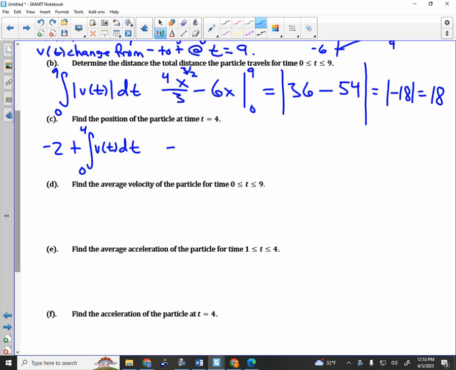So it would be -2 plus, we've already found the antiderivative, haven't we? So we're just going to go 4x to the 3 halves over 3 minus 6x evaluated at 4 and 0.